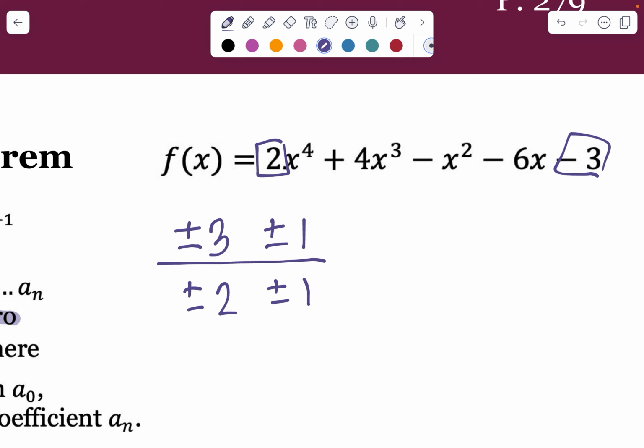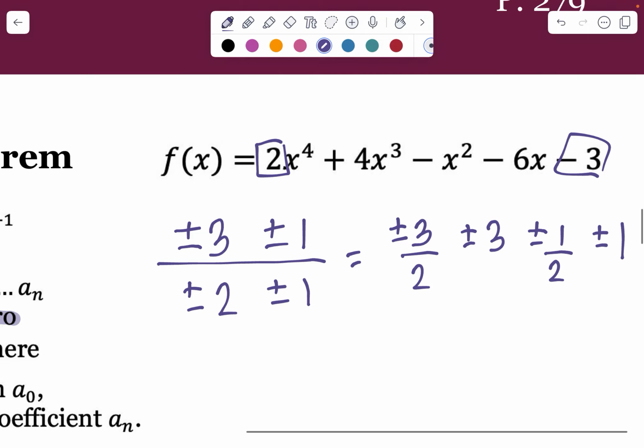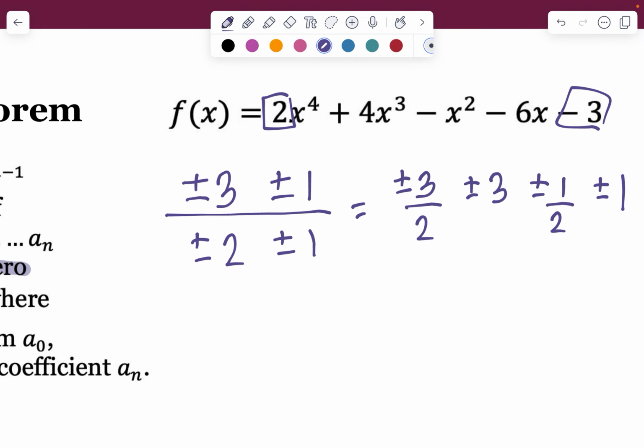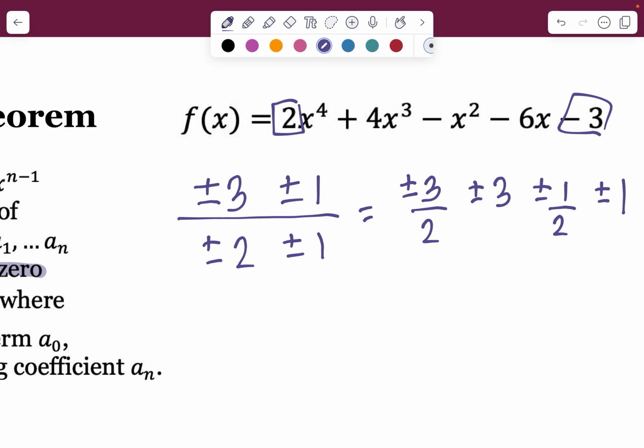So any and all combinations of those will give us possible roots. So we could have positive or negative 3 halves, positive or negative 3, positive or negative 1 half, and positive or negative 1, okay? So now from here, it's just a matter of testing.